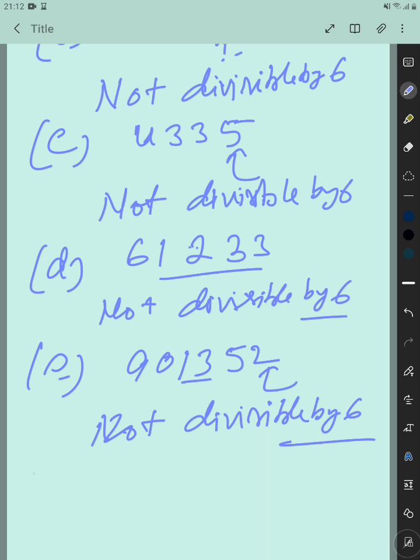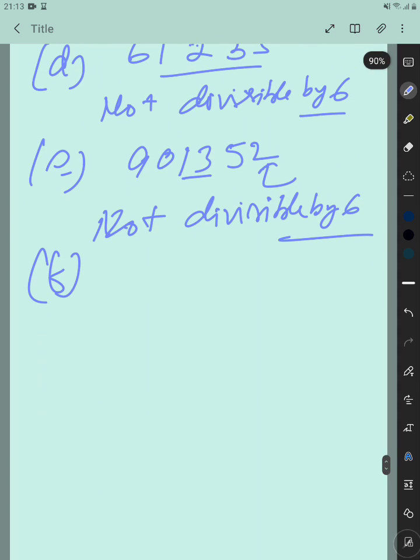Now we have come to part F. F is 43878750. Since it has 0 at the ones place, it is divisible by 2.